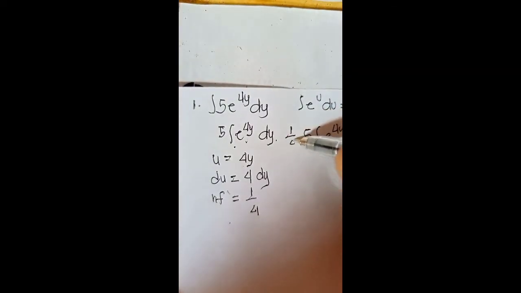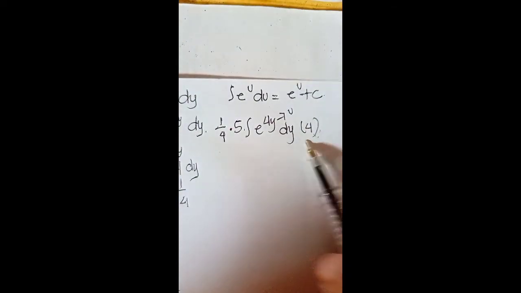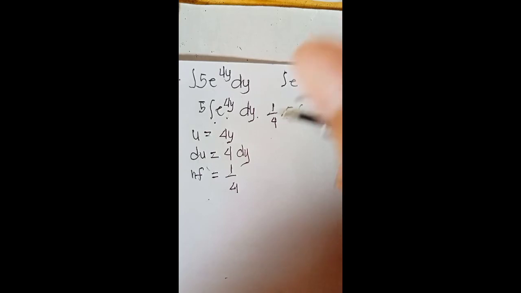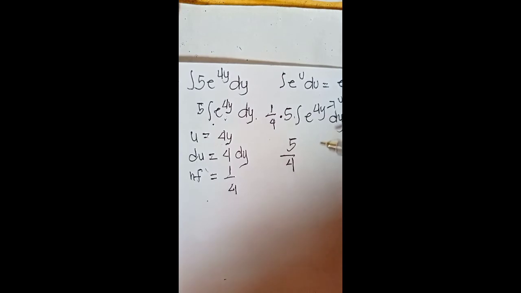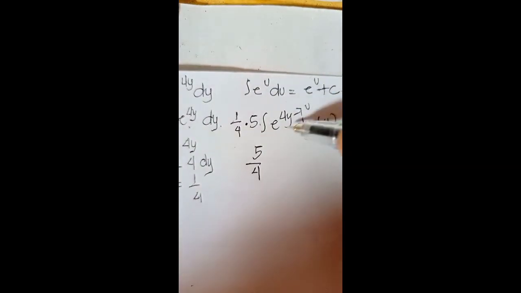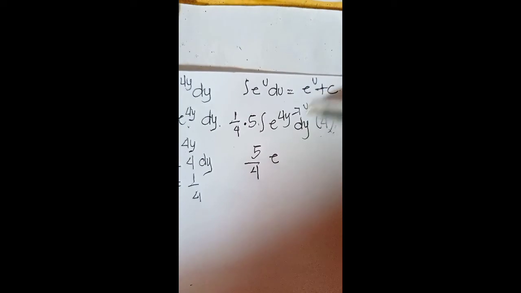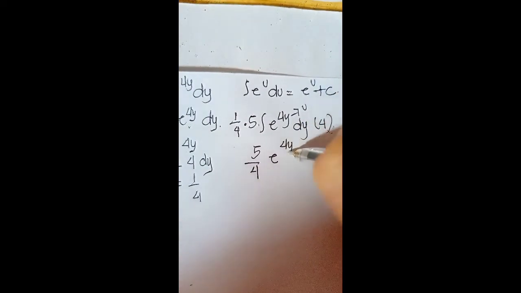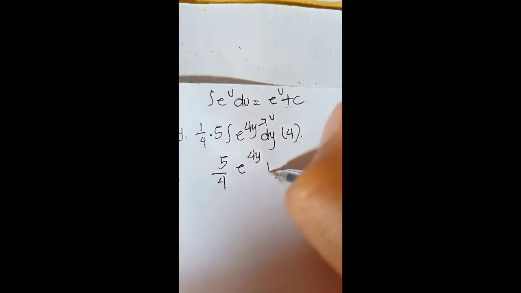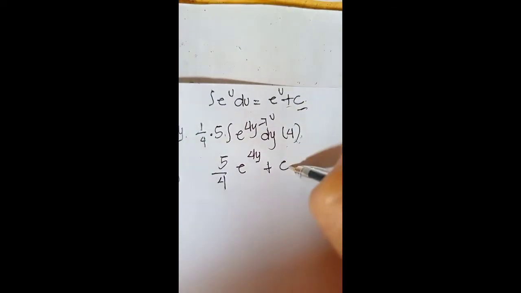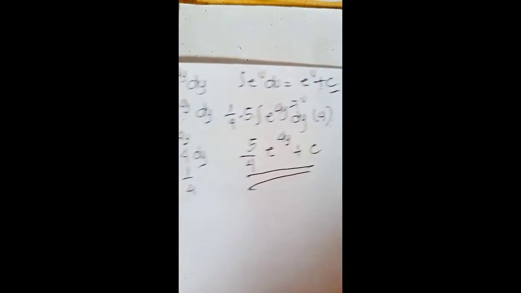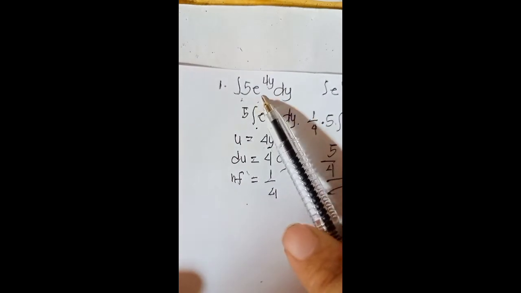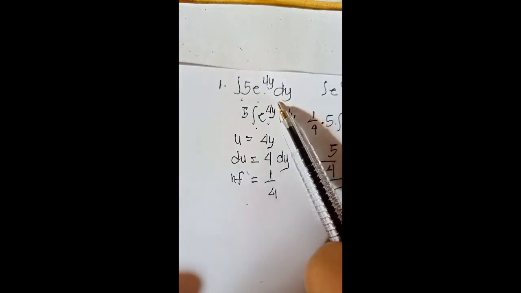So 1/4. Since 1/4 times 4 is equal to 1, then 1/4 times 5 is equal to 5 over 4. And then our e raised to u, or e raised to 4y, plus our constant c. So now this is our answer in integrating 5e raised to 4y dy.